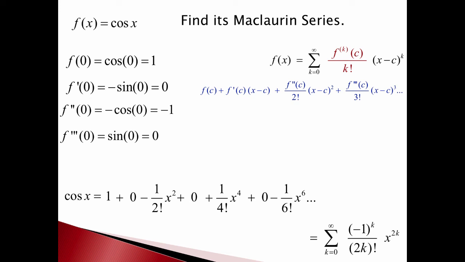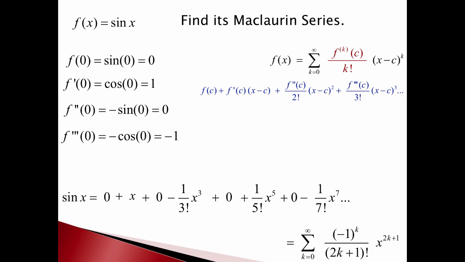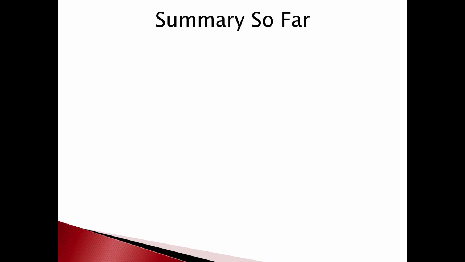And so part of the reason for the name comes from exactly this fact. Even functions only have even powers in their Maclaurin series, and odd functions only have odd powers in their Maclaurin series.